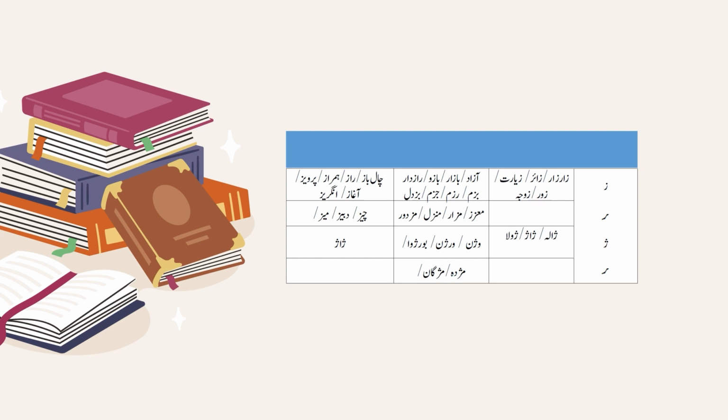You have to remember this. Raz, Jaz, Buzdil. Now see the examples at the end or final position: Chal, Baz, Raz, Ham, Raz. Two examples: one is Re, when it is connected, it changes shape. Za, Z at the end, did not change shape.